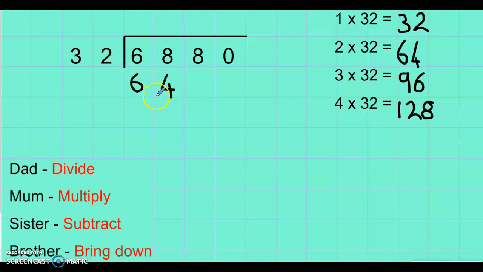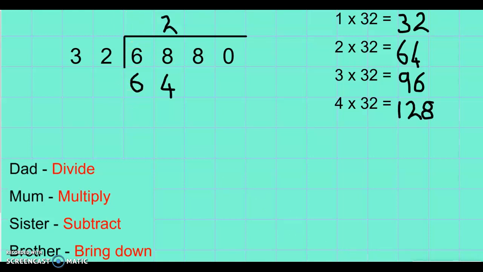And how many of them did we use? Well, looking at the multiplication, we used 2 lots. Now, was it 2 lots just from the 6? No, it was from the 68 because we got 64. So the 2 needs to go on top of this one. You can put a 0 over that one, or you can leave it blank. It's whichever you prefer that helps you get the right answer and keep accurate.